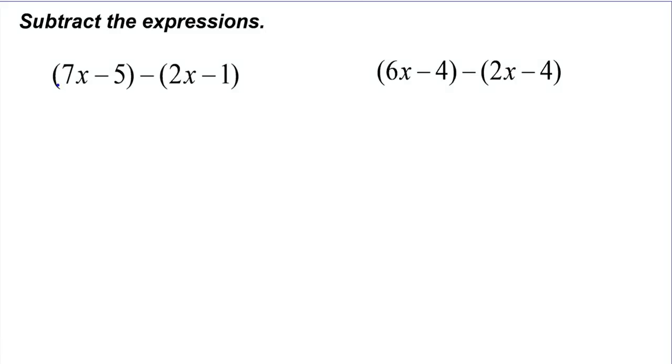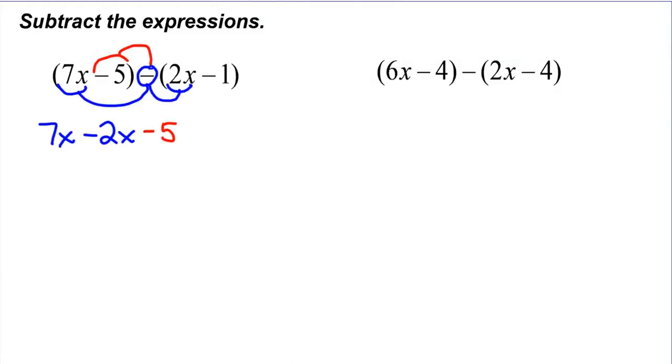So let's take a look here at our x terms, 7x minus 2x. So I'm going to write that down, 7x minus 2x. And then when it comes to my constants, this is a minus 5 or negative 5 minus a negative 1.